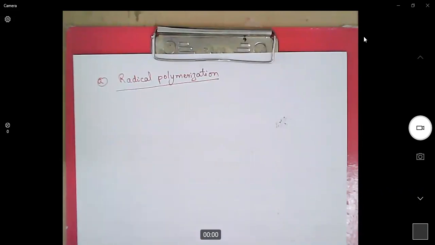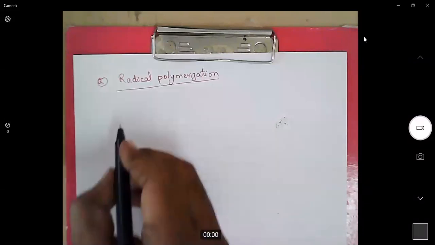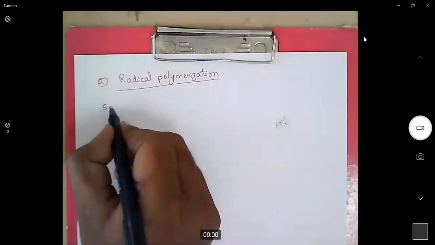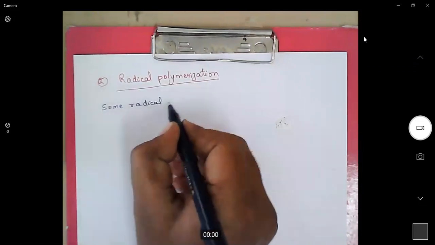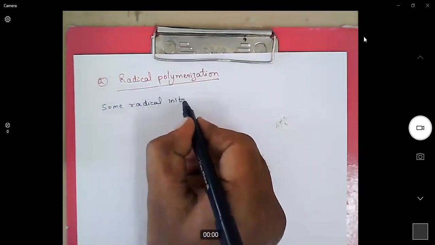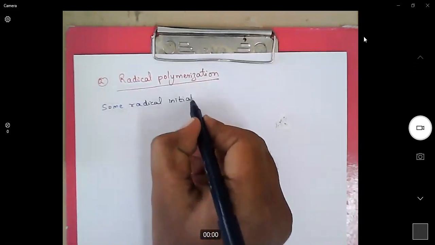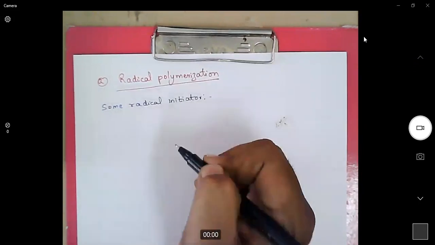In a radical polymerization reaction, first a radical is generated and that radical is used for the polymerization reaction. Now, I'll give some examples for radical initiators first. Radical initiators, or we can also call them radical generators.